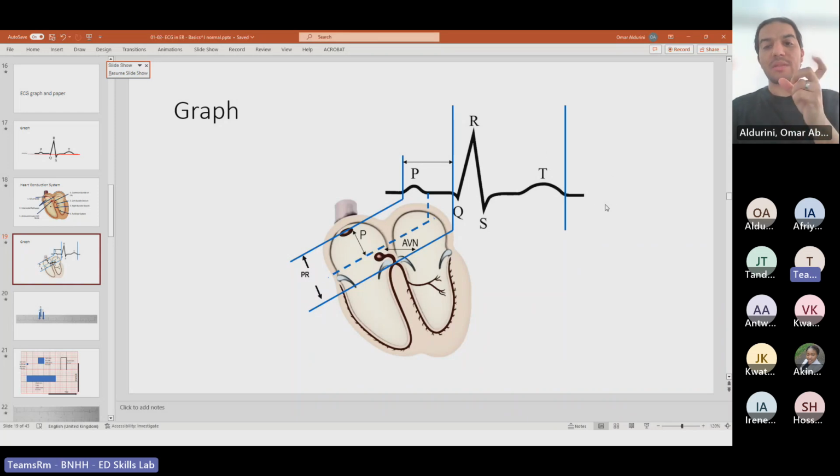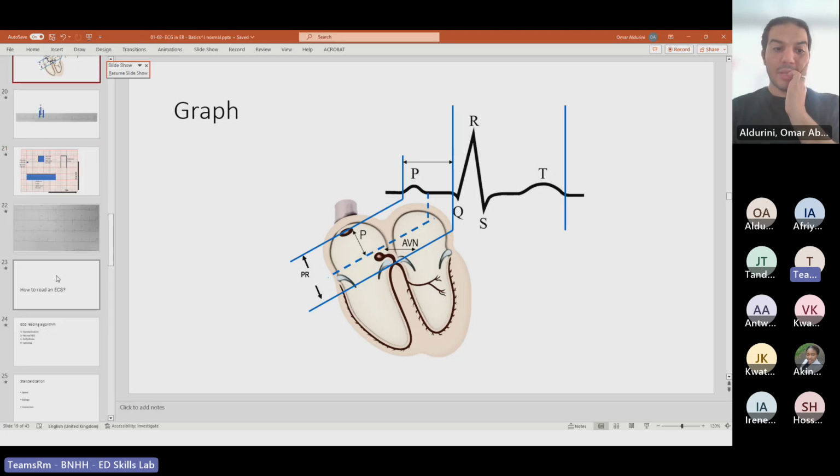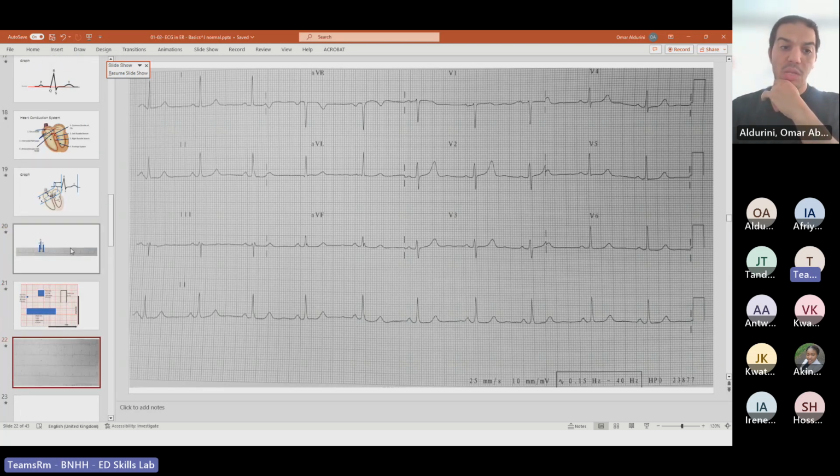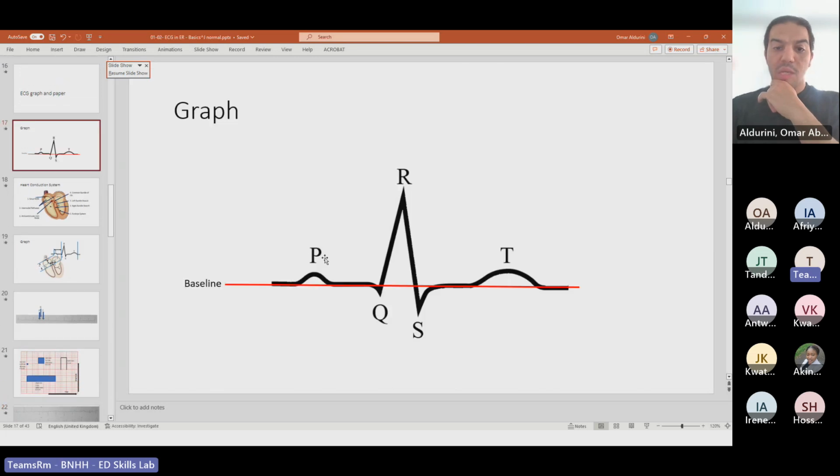So the time where there is no electricity in the heart is in between the T wave and the P wave, and this represents our baseline.